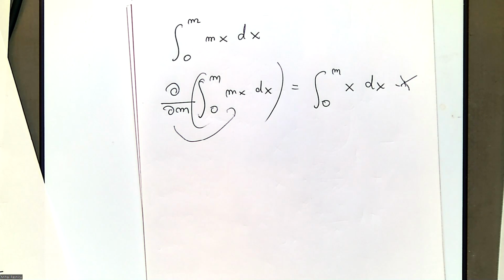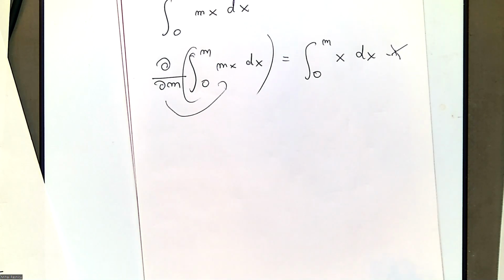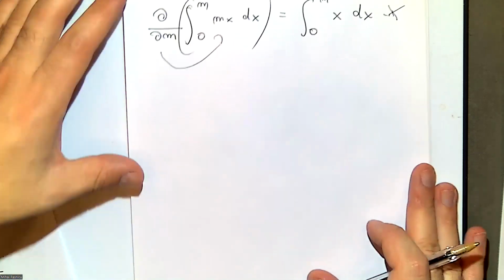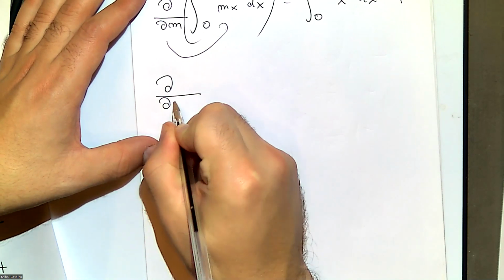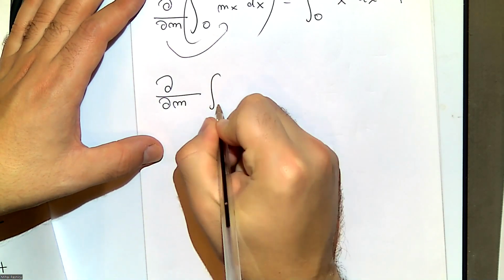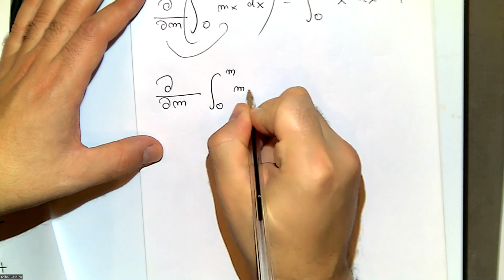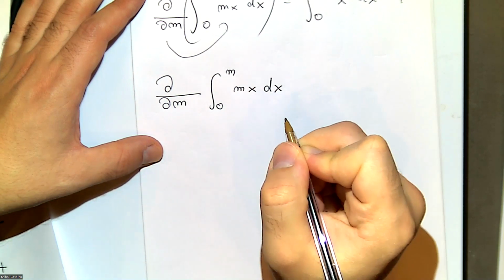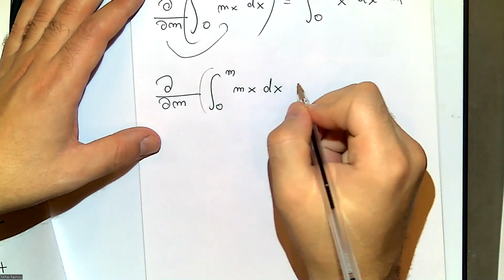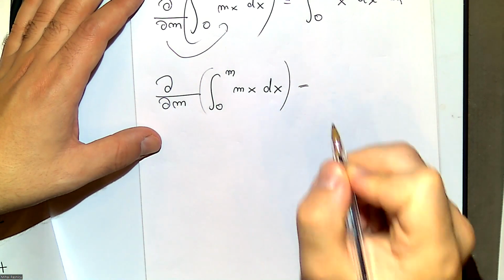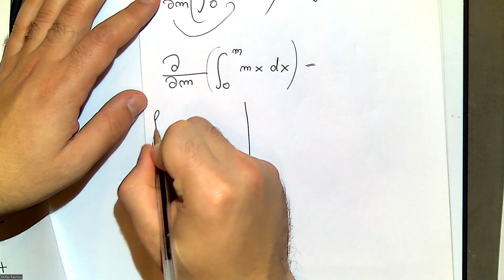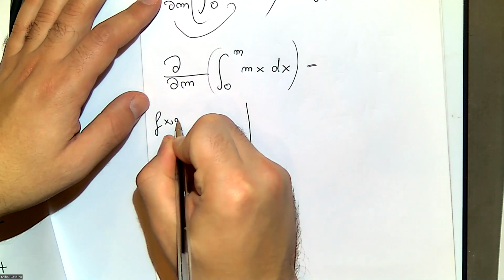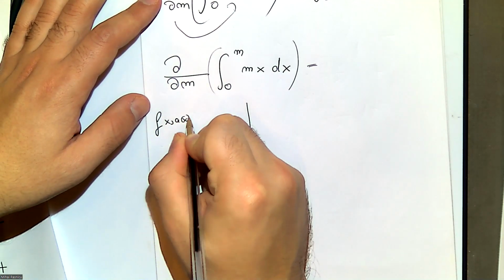But I mean, just since I already wrote it, for the sake of it, let's just apply it and see what we get. The integral of m x dx is equal to, as I said, this is just f of x, a of x.